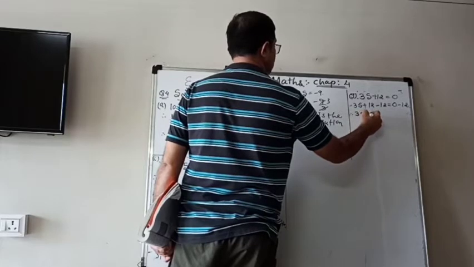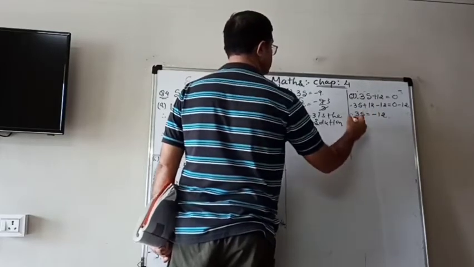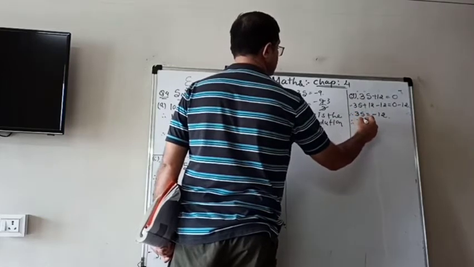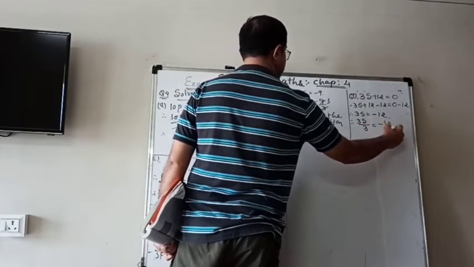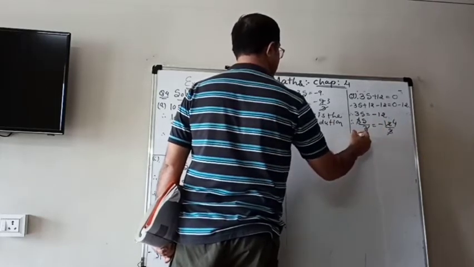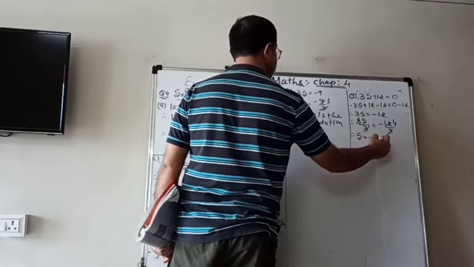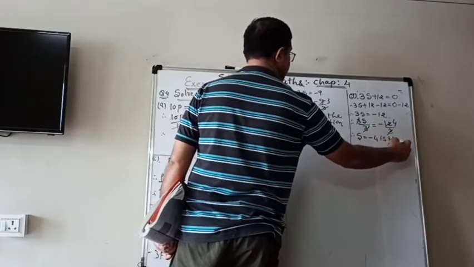So 3s is equal to 0 minus 12 will be minus 12. Now divide by 3. So 3s divide by 3, minus 12 divide by 3. So s is equal to minus 4 is the solution.